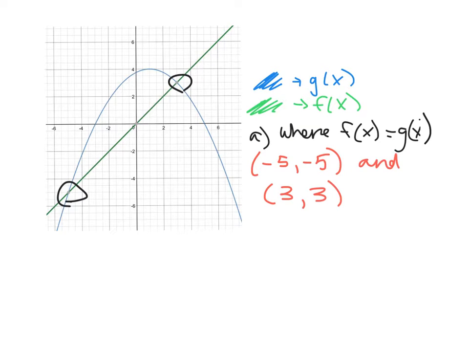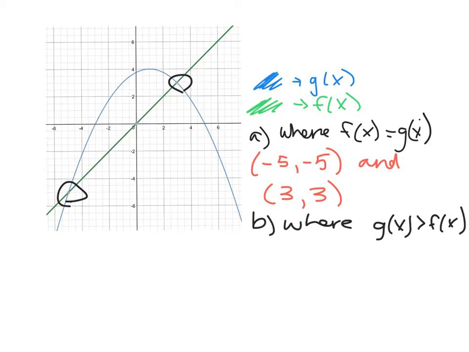We were also asked B, where is g of x greater than f of x? So our first steps for this, pretty much when g of x is greater than f of x is right inside this parabola.